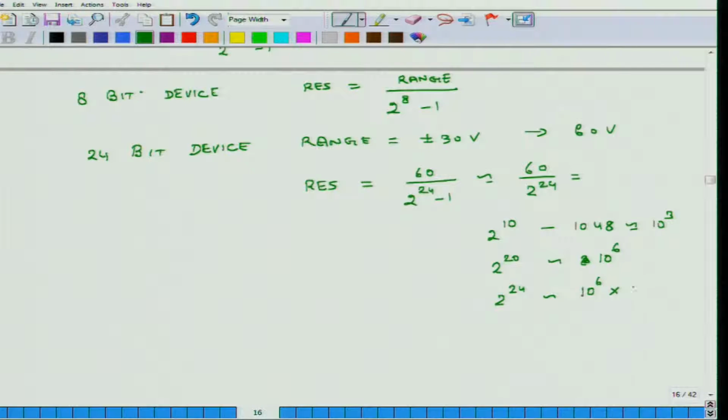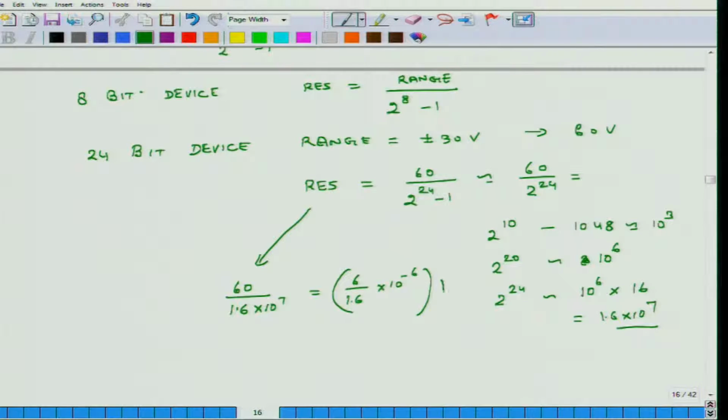So, 2, 4, 8, 16. So, it is 1.6 into 10 to the power of 7, right. So, here the resolution will be 60 volts divided by 1.6 into 10 to the power of 7, that is 6 over 1.6 into 10 to the power of minus 6 volts.